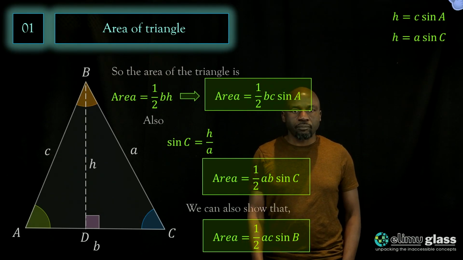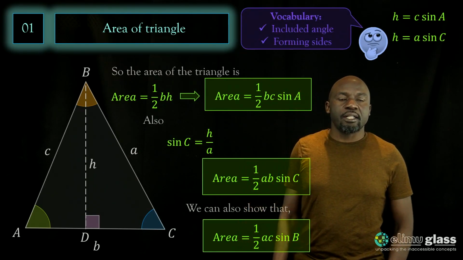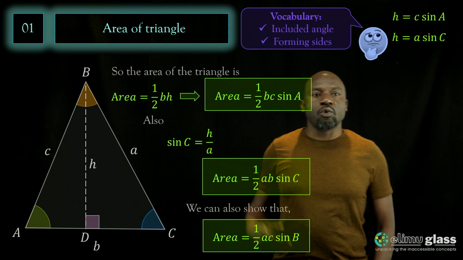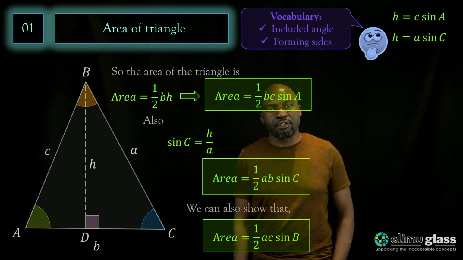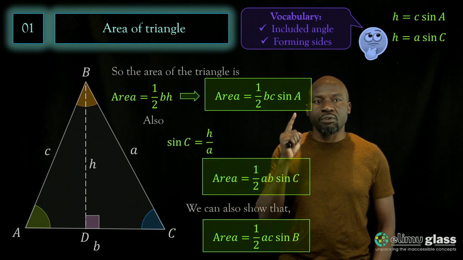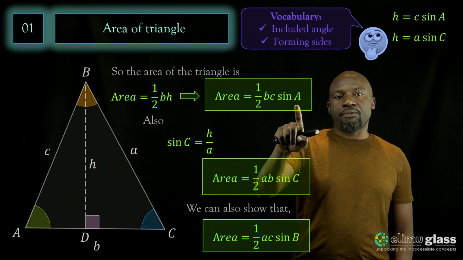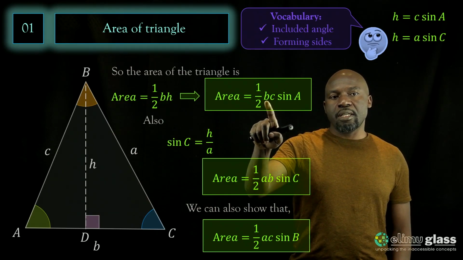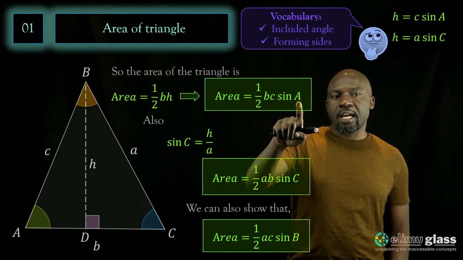All right, the vocabulary that you want to remember is what we mean by the included angle. When we want to find the area of a triangle, we need to know two forming sides. If we use this formula, then B and C are referred to as the forming sides, and angle A is referred to as the included angle.